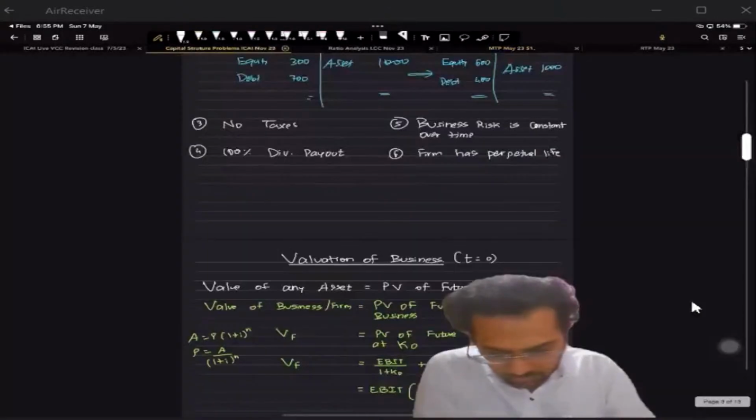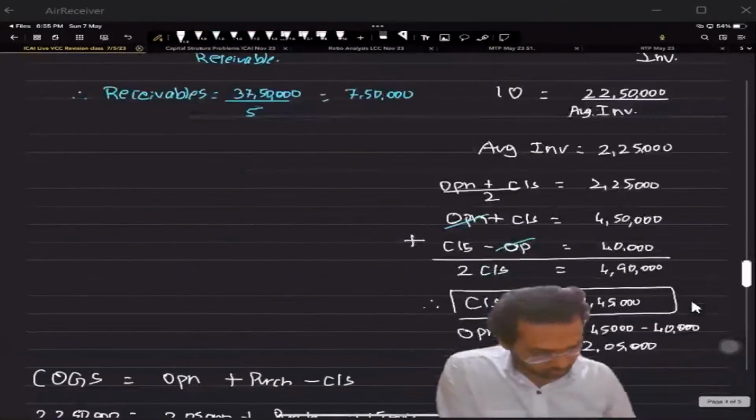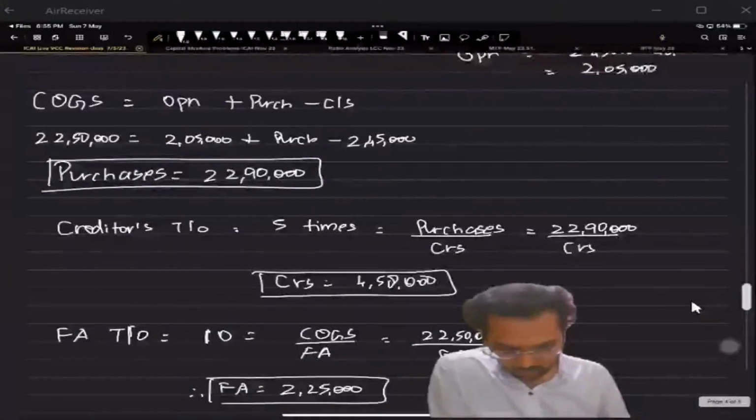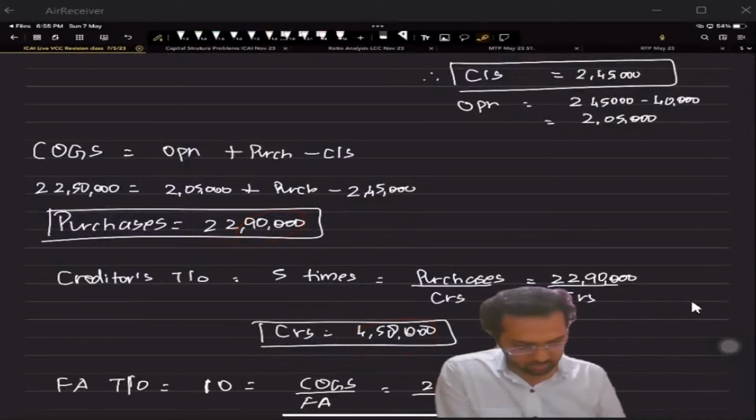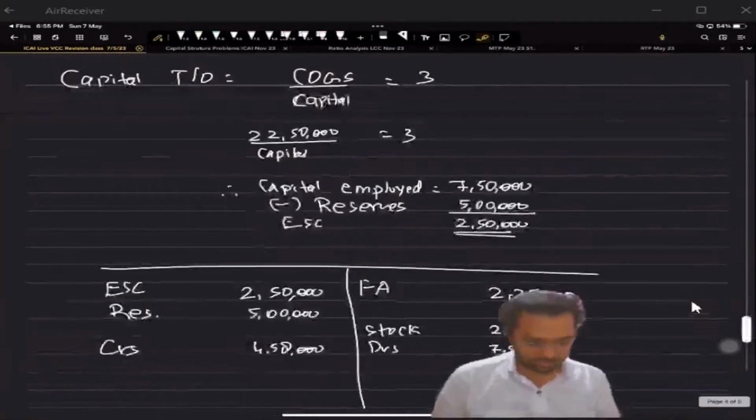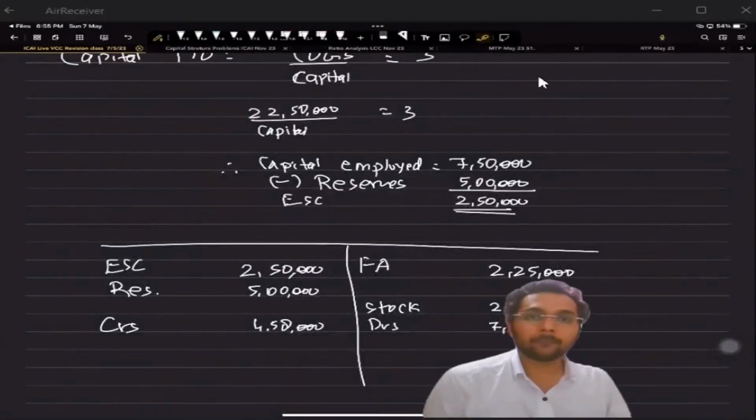Are we going wrong? Is there some problem? Purchases are 22 lakh 90. Creditors is 4 lakh 58.